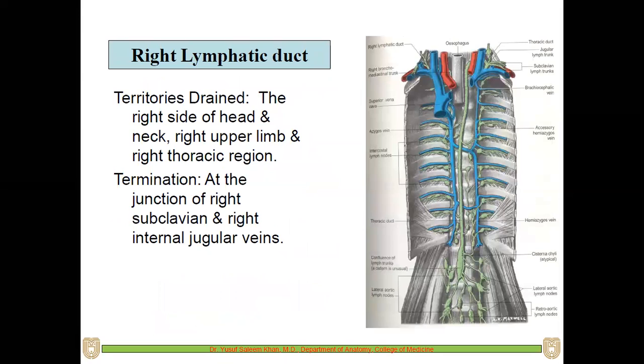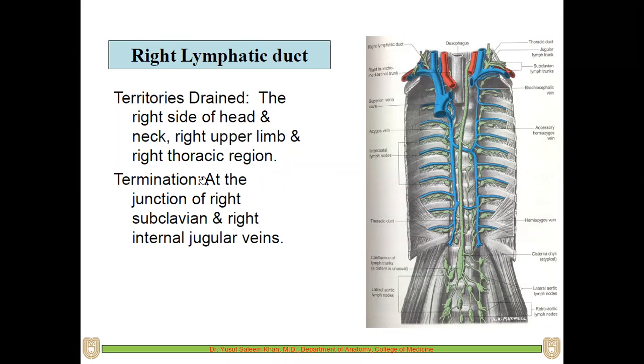Now coming to the right lymphatic duct. We had seen the right lymphatic duct is a very short duct, almost 1 centimeter long, and it will be draining the right side of the head and neck, the right upper limb, as well as the right thoracic region. That's all.